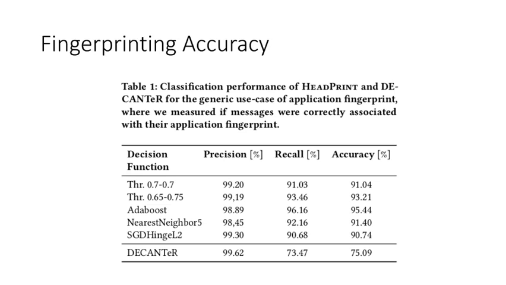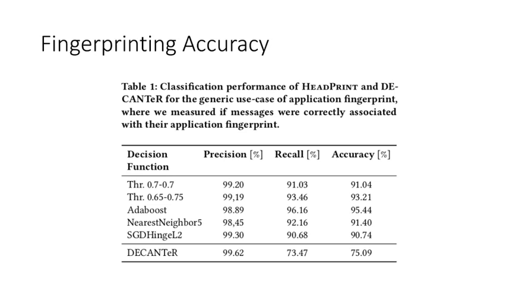What you can see from the table is that Decanter performs significantly worse than HeadPrint, no matter what decision function is being used. This has to do with the different types of features being used in the fingerprinting.